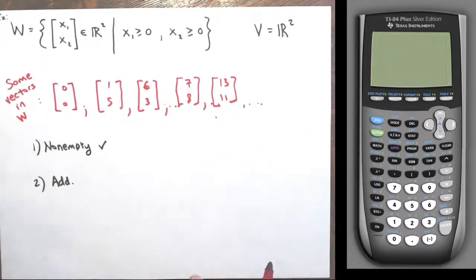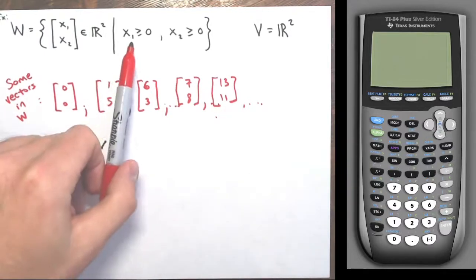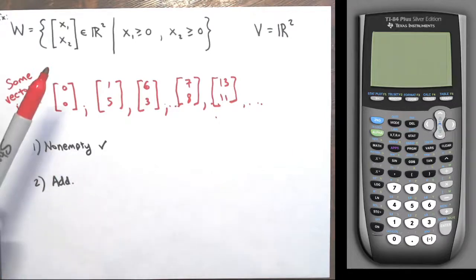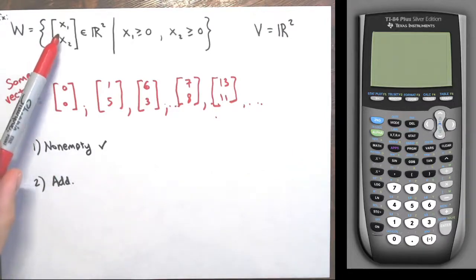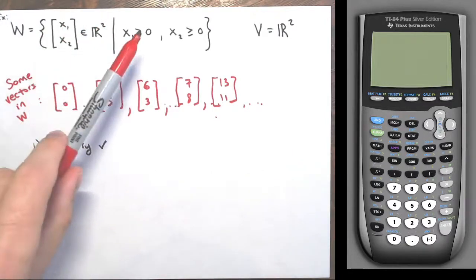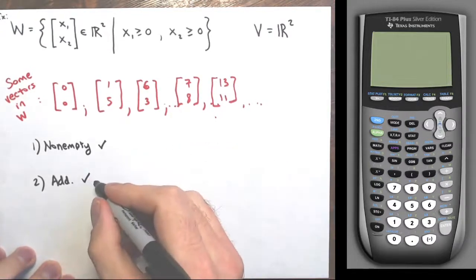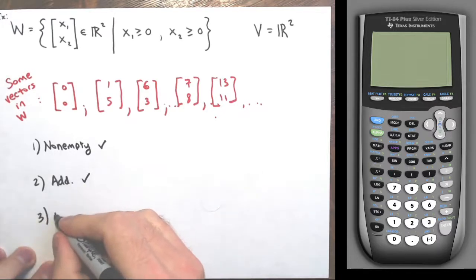When you add a number that's not negative with another number that's not negative, you're getting another number that's not negative. So if I had x1, x2, and y1, y2, and added them up to get x1 plus y1, x2 plus y2, and all those x1, y1, x2, y2 were not negative, the resulting sum would be not negative. So it is closed under addition. The only reason I'm rushing this is because I know the third one fails.